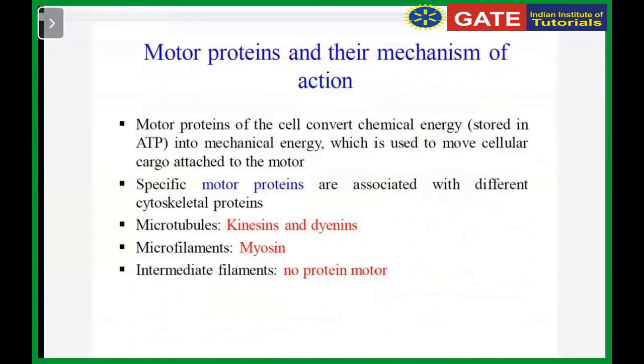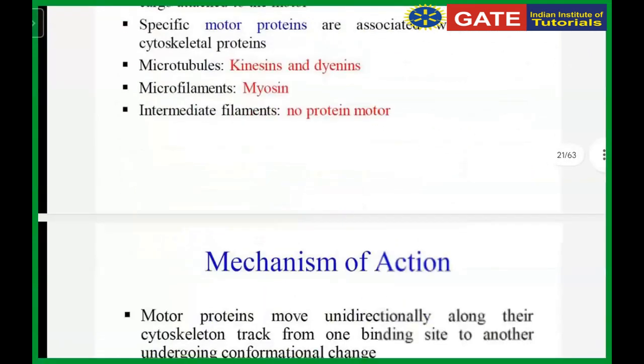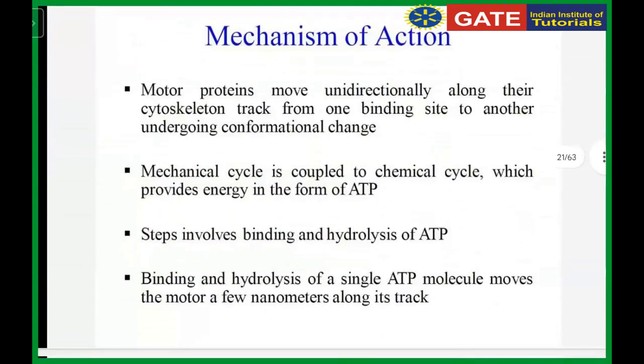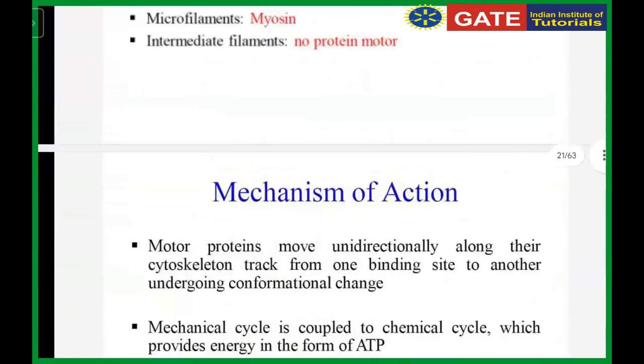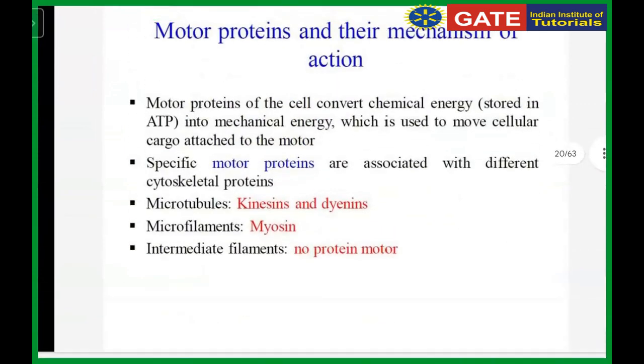For microtubules, the motor proteins are kinesin and dynein. For microfilaments, there is only one, that is myosin, right? And for intermediate filaments, there is no motor protein. Then, ma'am, what is the function of intermediate filaments?